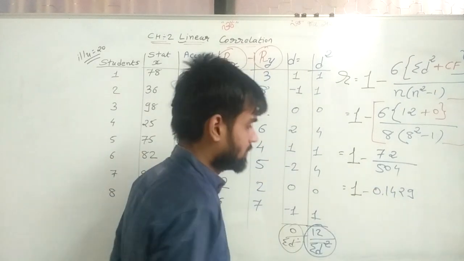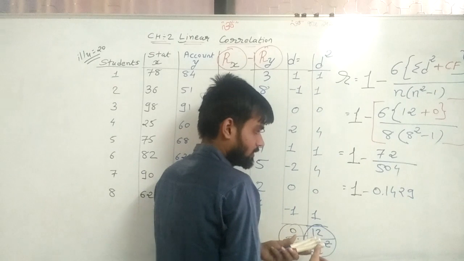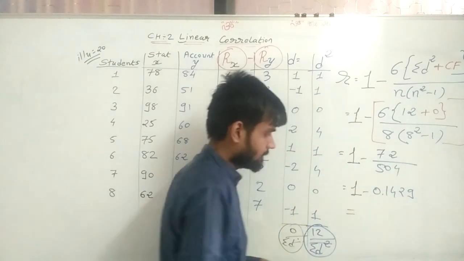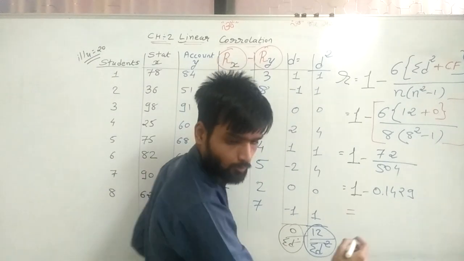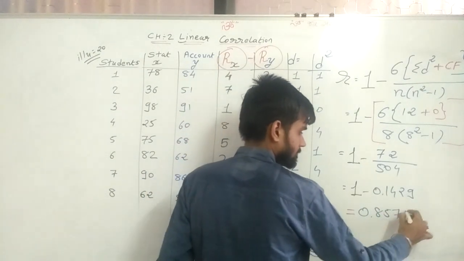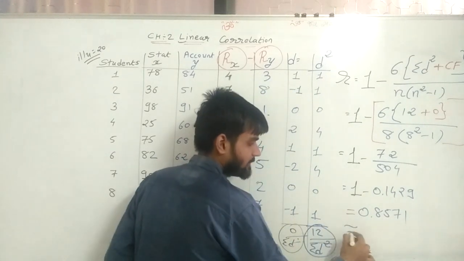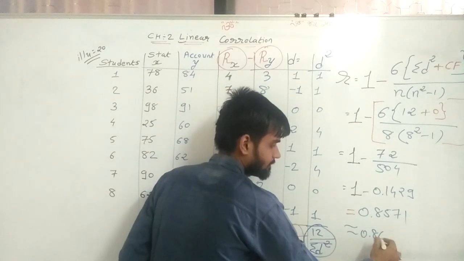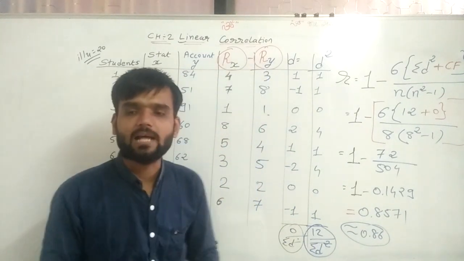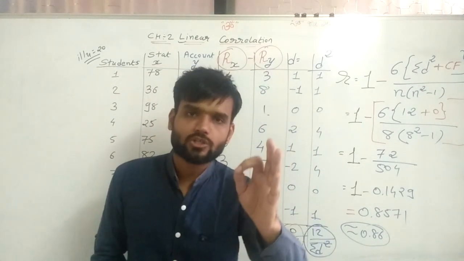Now 1 minus 0.1429 is equal to 0.8571, and approximately we can say 0.86 is the answer of the rank correlation sum.